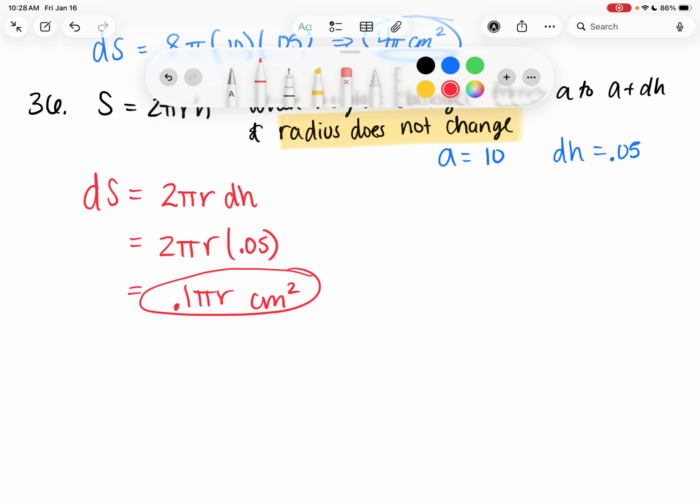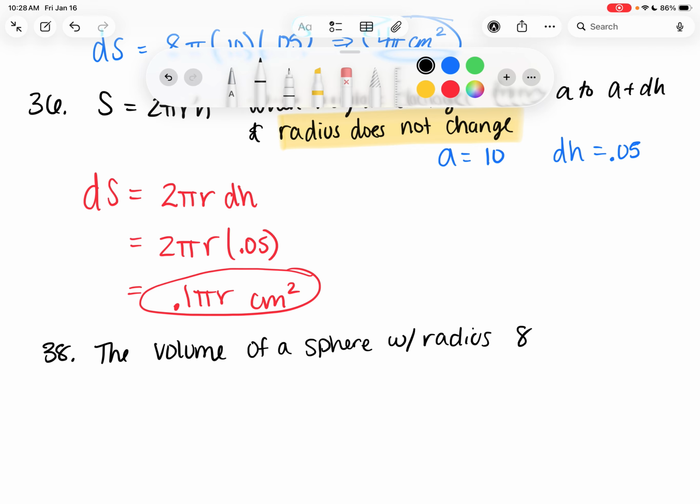So number 38 says the volume of a sphere with radius 8 plus or minus 0.3 inches.